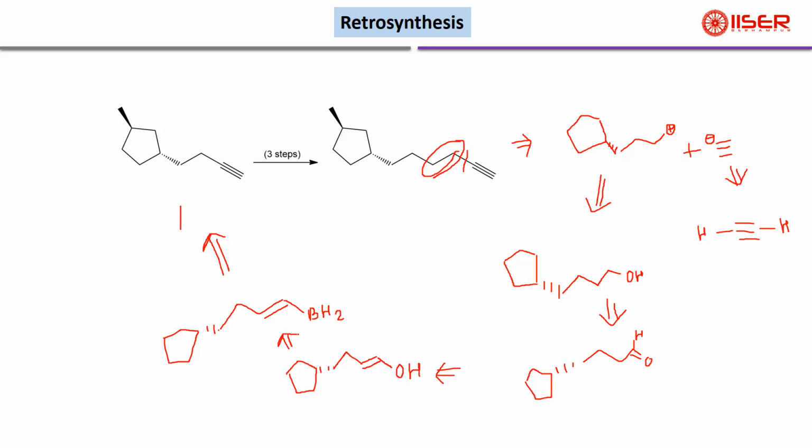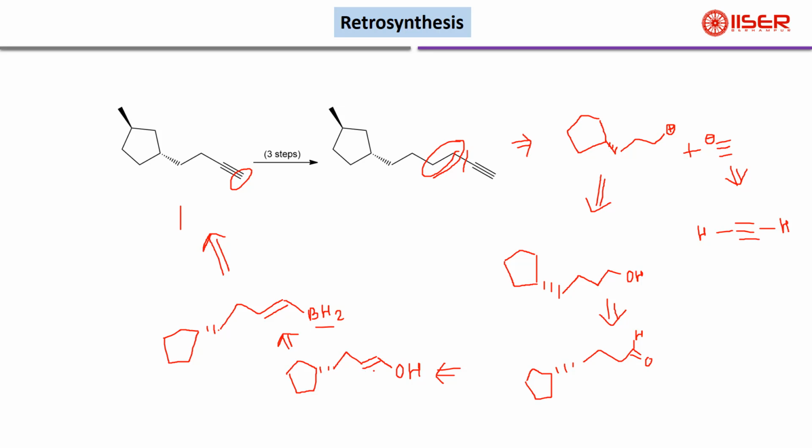So in this way, what will be the forward synthesis? If you perform a hydroboration, boron will be added to the less hindered side, and hydrogen will be added to the more hindered side. Then if you hydrolyze with H2O and NaOH, this carbon-boron bond will be converted to a carbon-oxygen bond.